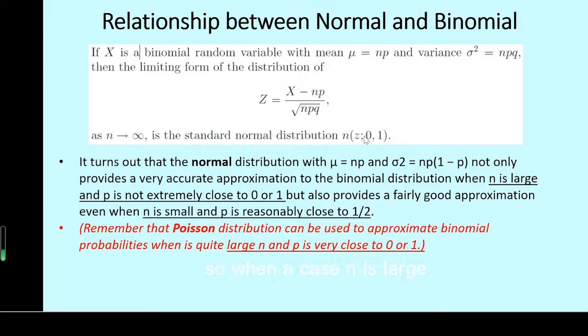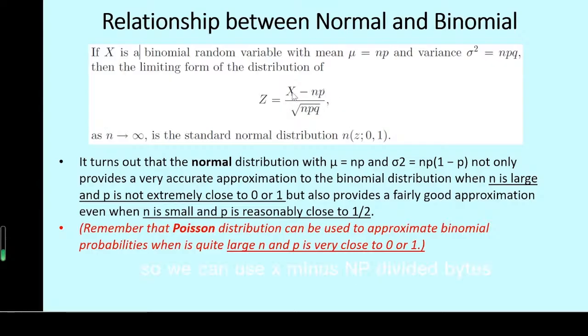When n is large and p is not extremely close to 0 or 1, we can use normal distribution to approximate a binomial distribution. For the binomial distribution, the mean is np, right?